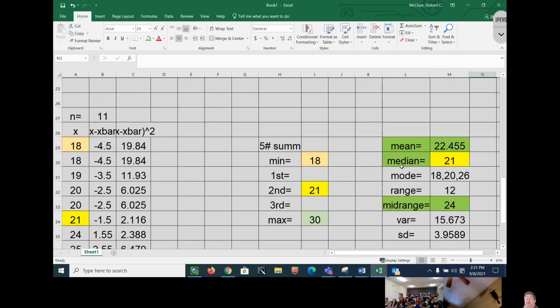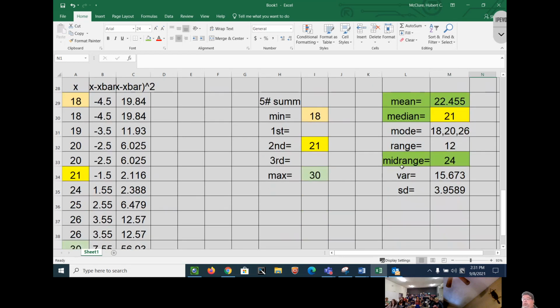There. My mean is 22. I'm going to put 22 because I don't want to have to fool with the decimals while I'm teaching. But you would use 22.455. And the standard deviation is equal to 4.